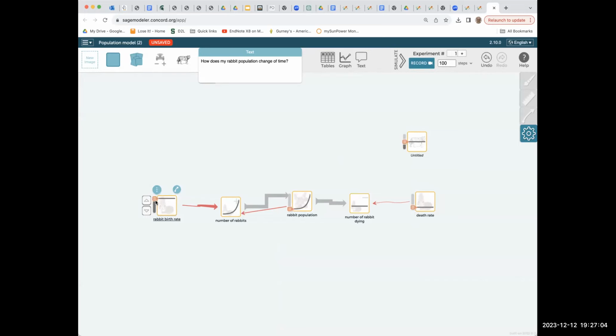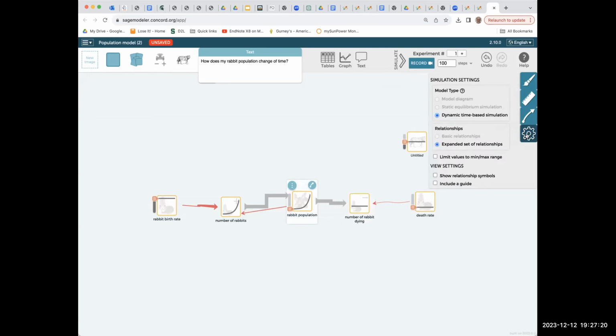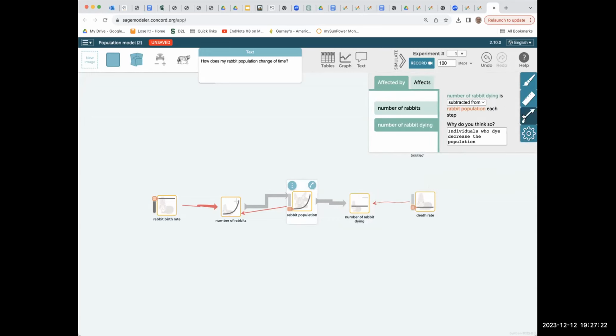Yeah, so Anne is whispering in my ear here that the arrow from the rabbit population to the number of rabbits dying might be going the wrong way. Let's just look at that. So let's highlight the rabbit population again and click on the relationship arrow. And it says here the number of rabbits dying is subtracted from the rabbit population. So I think that's okay.